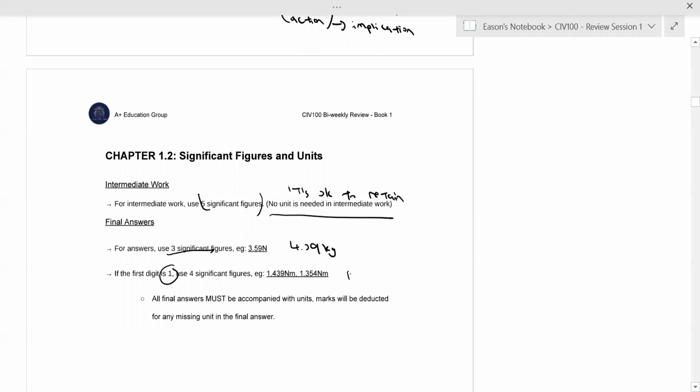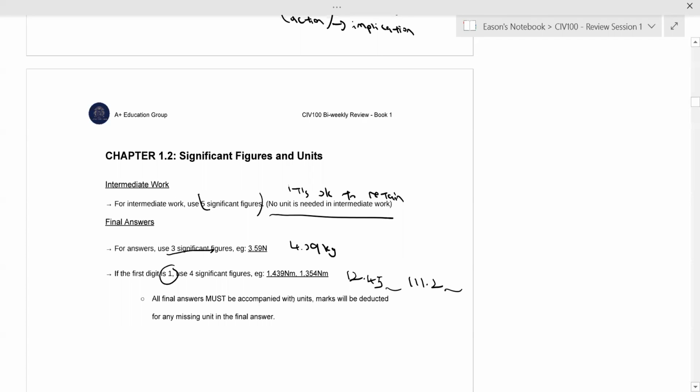It's, for example, 12.45, or let's say 101.2, okay? With whatever unit that you need. All this will require 4 significant figures as well. If it's 11 point something, 15 point something, 100 point something as well, you need 4 significant figures, okay? Just to be clear on that.